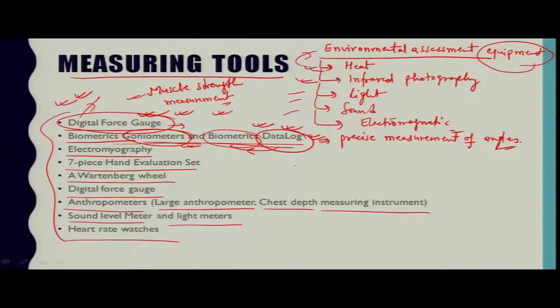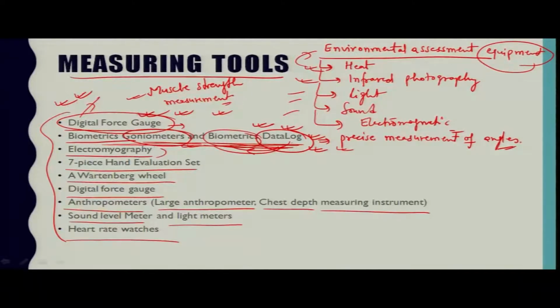Let's say Bluetooth or any wireless module can be used. So here Bluetooth is doing what? It is sending the data to a computer or storing the data for further evaluation purposes. So this biometrics analysis software can be used for electromyography analysis also, using the data collected with the goniometer.